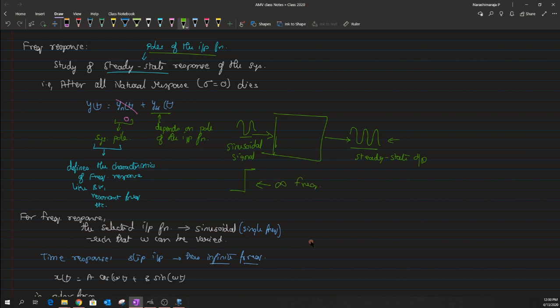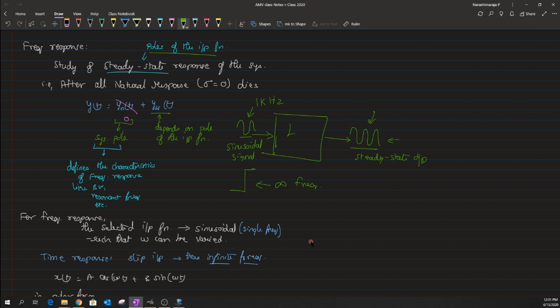But right now when we analyze a frequency response, we pick a sinusoidal signal containing a single frequency. Say for example, I am oscillating at a particular frequency, say 1 kilohertz. It is only that particular frequency that is being applied to the system, and we will get an output.